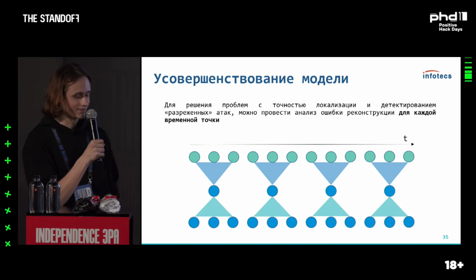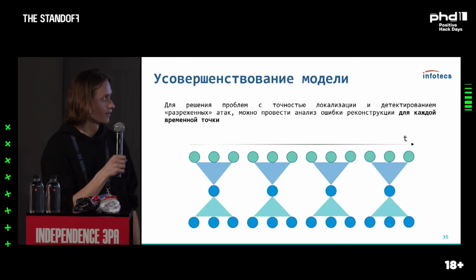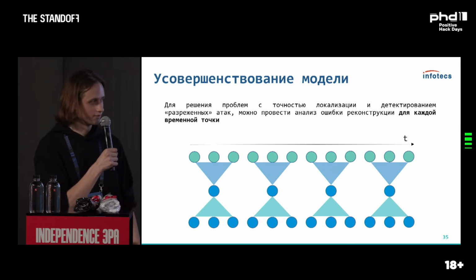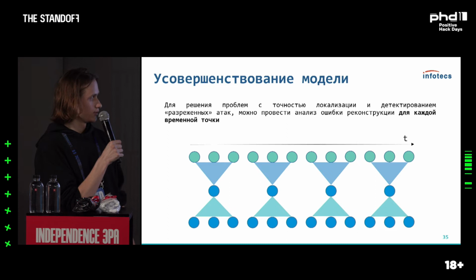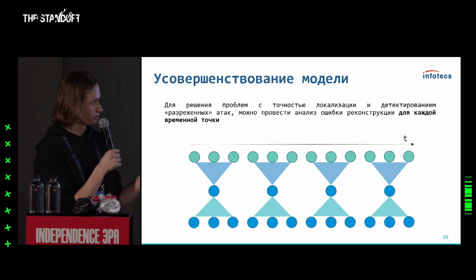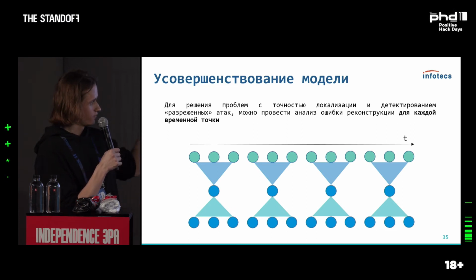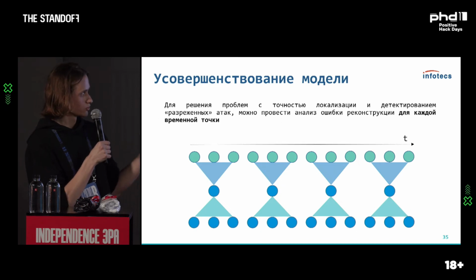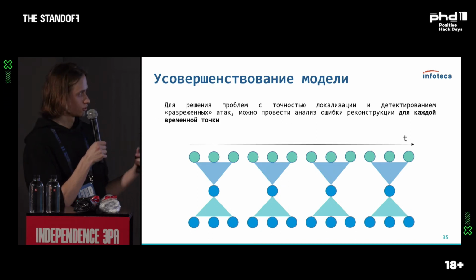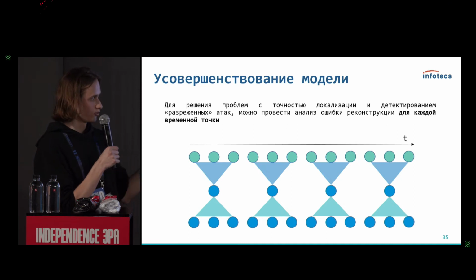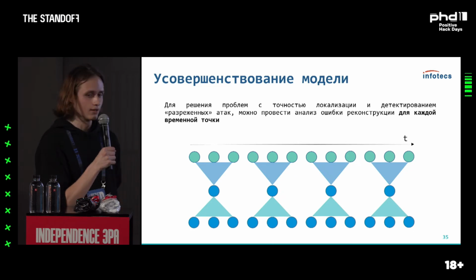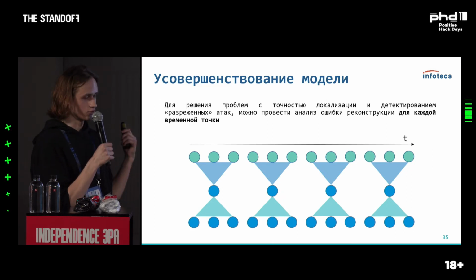How can we improve the model, and how did we actually improve it? By using the following method. Take a look here. We have a time frame from networking sessions, and we select this window. So we select a segment, we make a reconstruction error for it, and then we take a step equal to the width of the window, and make a reconstruction error for each particular point.